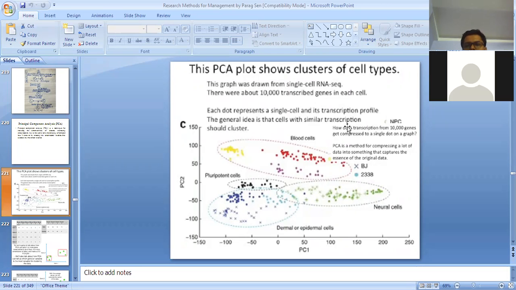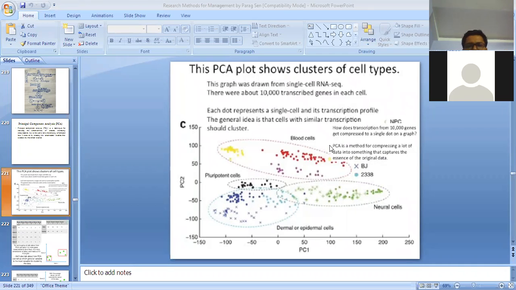So what they are saying is, how does transcription from 10,000 genes get compressed to a single dot on a graph? PCA is a method for compressing a lot of data into something that captures the essence of the original data. So you are able to cluster that data, and you are able to extract something meaningful out of it.